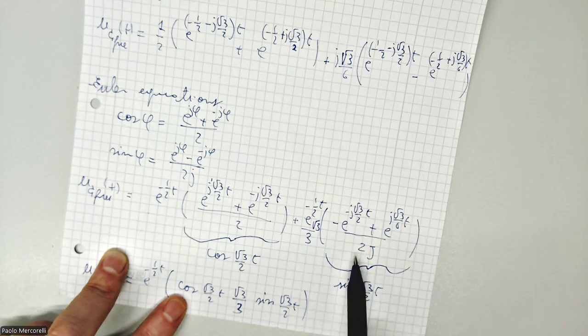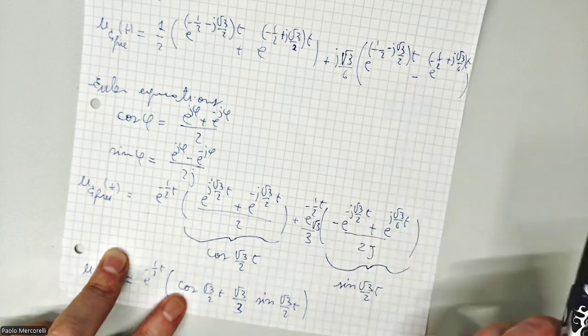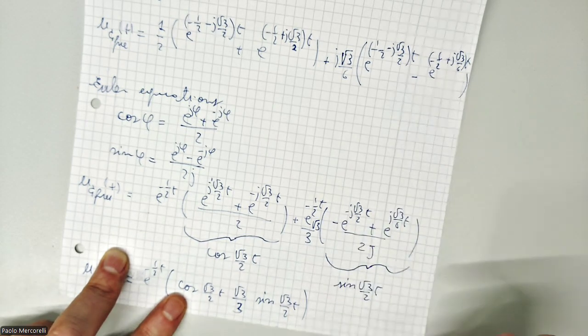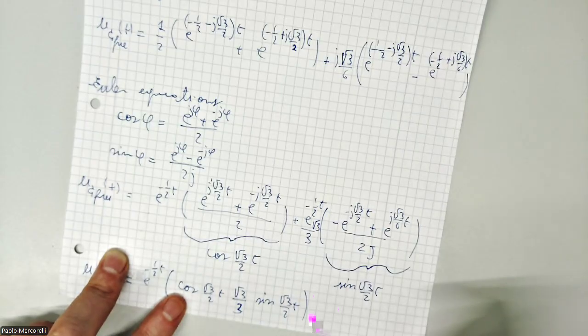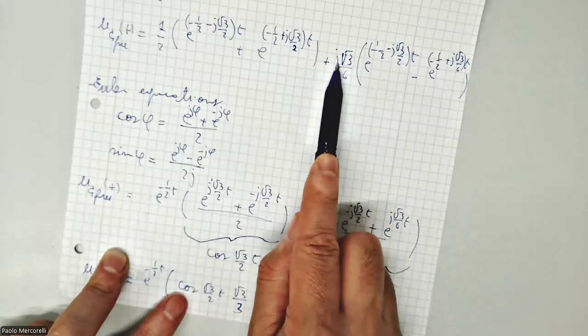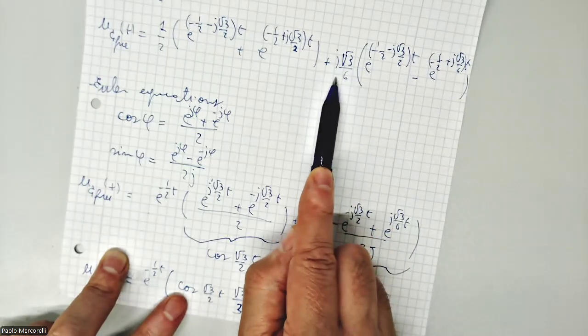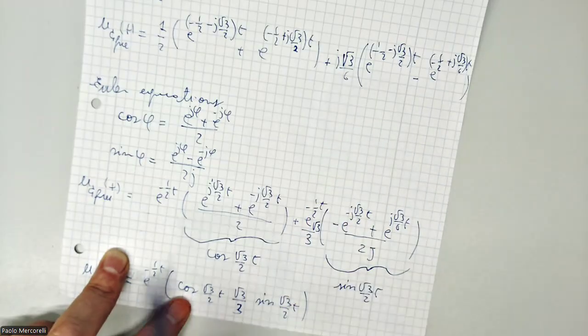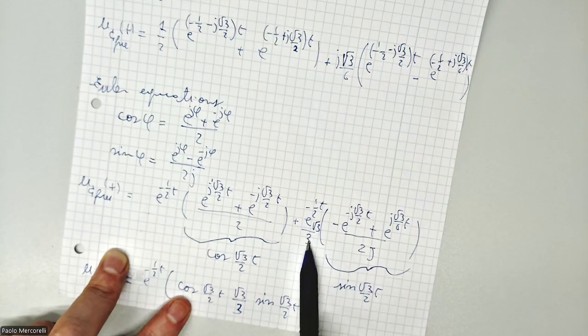Now the last question: where do these two j come from? This is easy. We have seen before that if I multiply by j numerator and denominator, we will have a minus 1 and j6. Now, 6 here is obtained considering the product of 3.